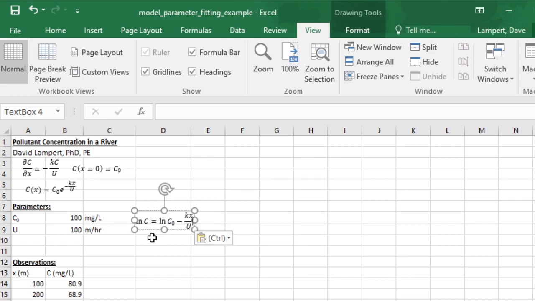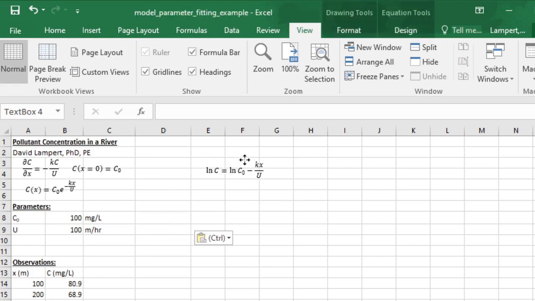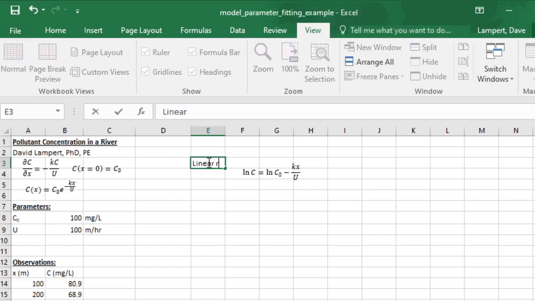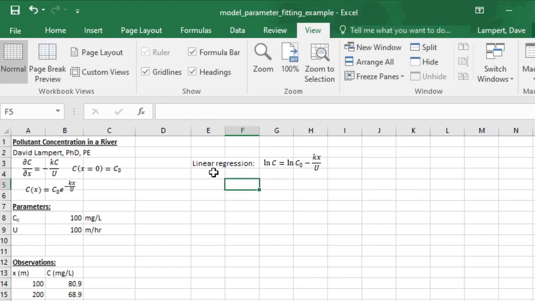So if I take the log of this, it's ln C equals ln C0 minus kx over u. And so what I'm going to do here is a linear regression. I'll write linear regression up here, and this is my linearized form of the equation.